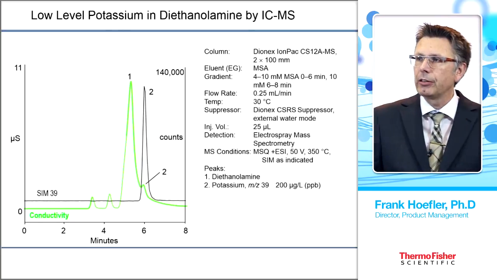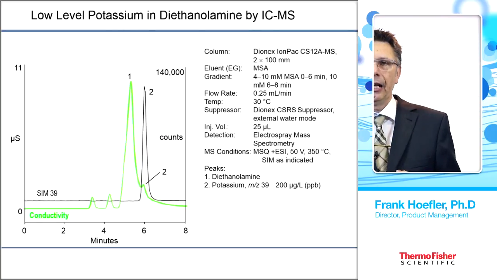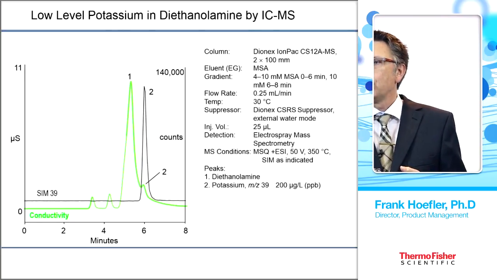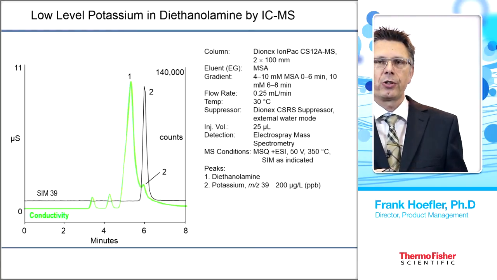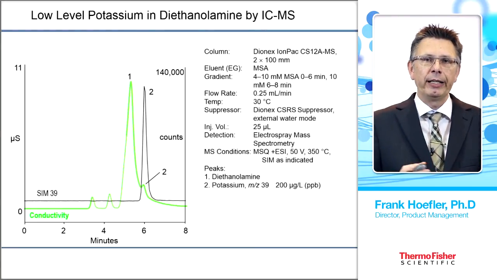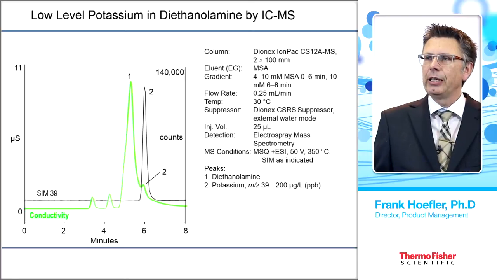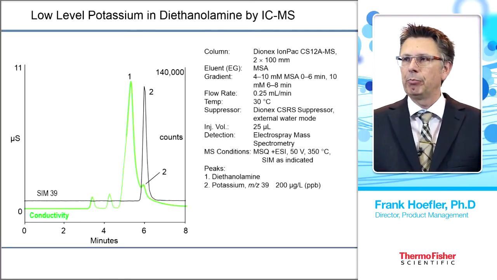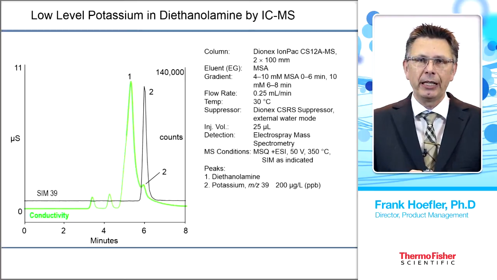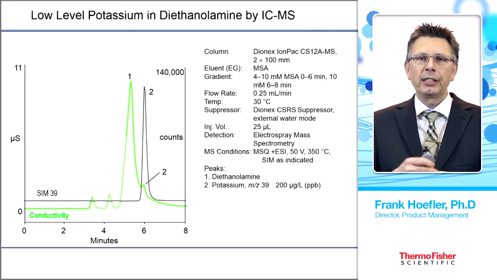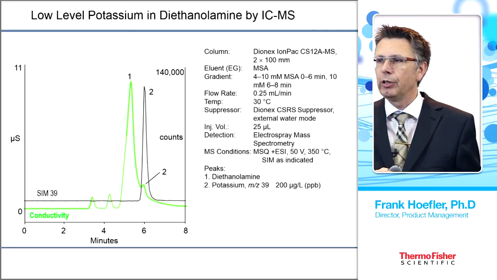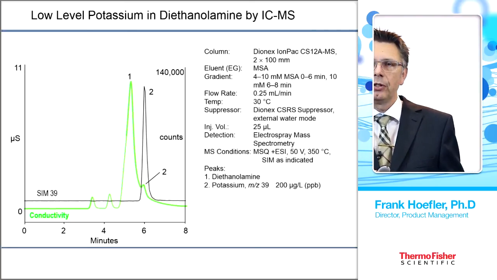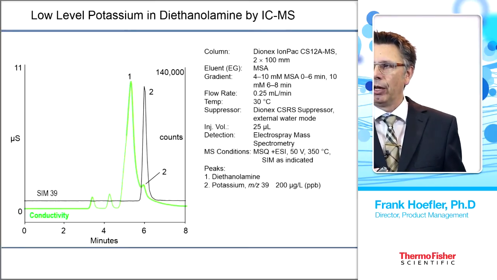Going forward, of course, low-level analysis is typically a problem, specifically in the presence of a major abounding ion. In this example here of the determination of low-level potassium in the presence of diethanolamine, we really see the power of IC-MS. On the conductivity trace, which is shown here in green, we see that potassium is eluting as a tailing small peak on the tail of the diethanolamine.